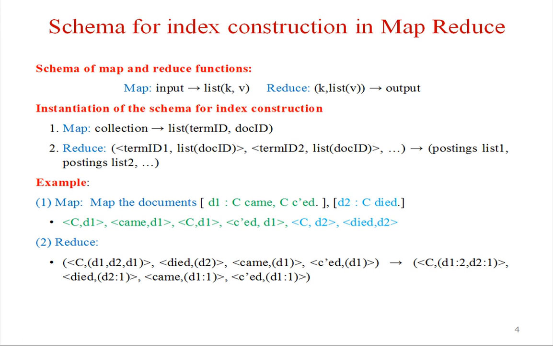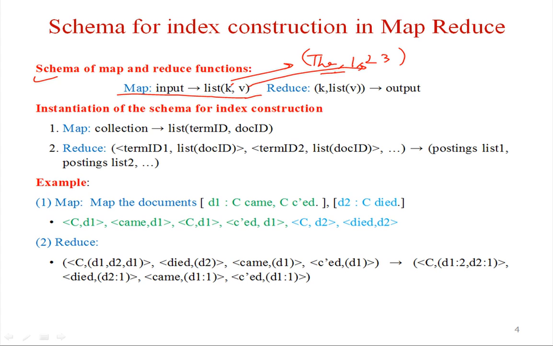Now the schema for index construction in MapReduce. I already discussed how we can prepare the different schemas for MapReduce. For example, the map function takes an input list of (k, v) pairs and the reduce produces k into a list of v. Suppose we have entries like document ids 1, 2, 3, where k represents the term and v represents the list of document ids.